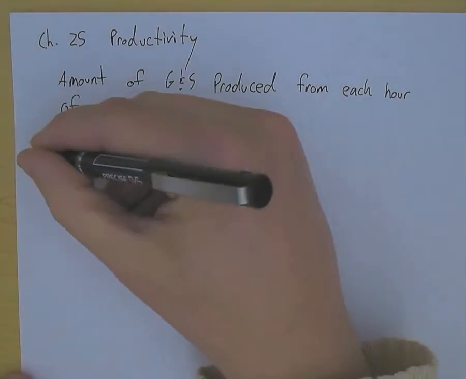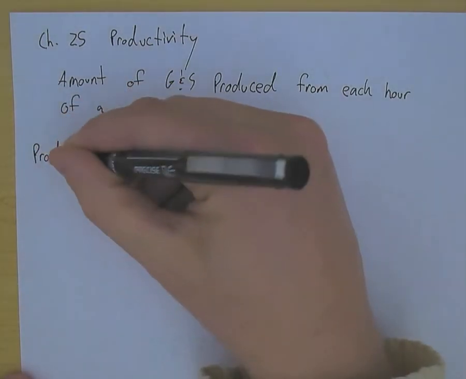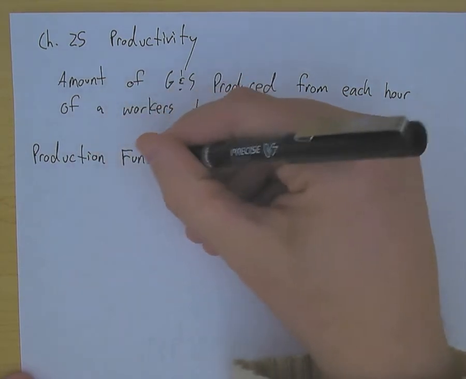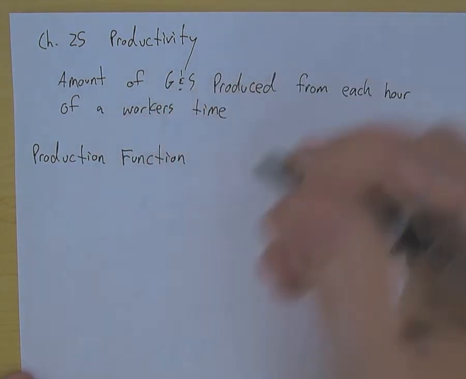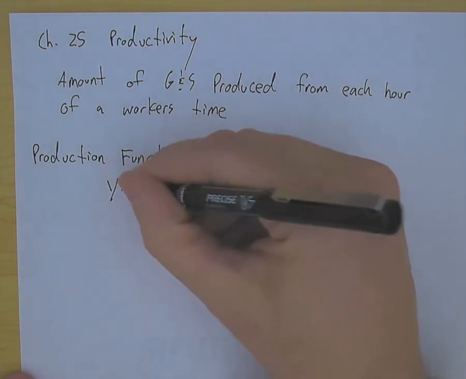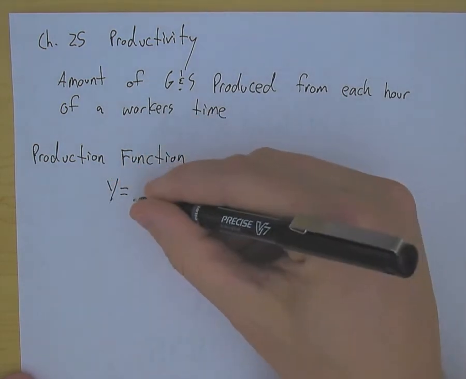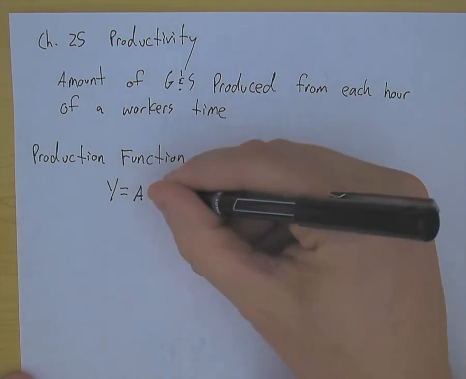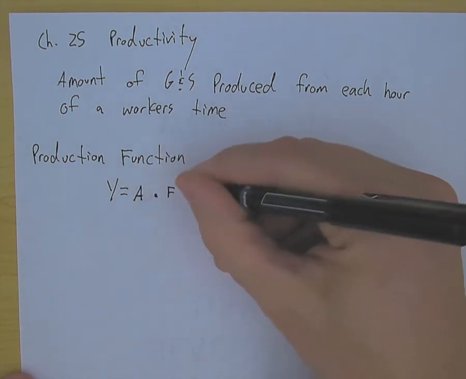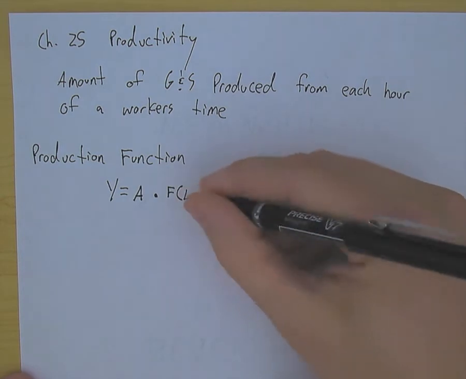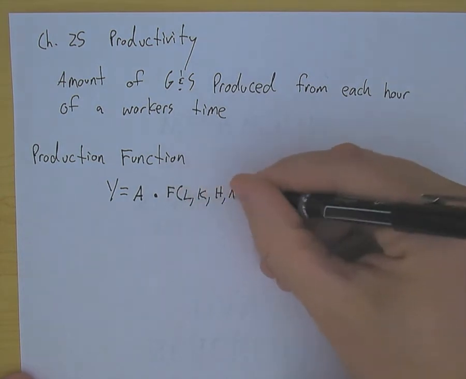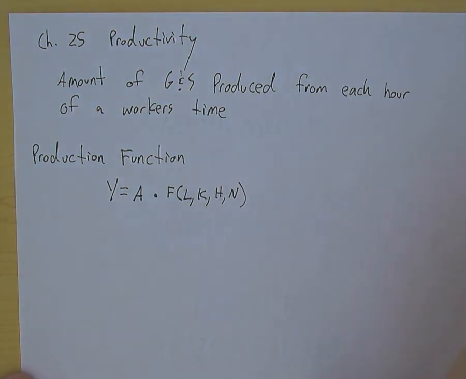And we have something called the production function. And it looks like this: Y equals A times the function F of L, K, H, and N. What exactly does this mean?